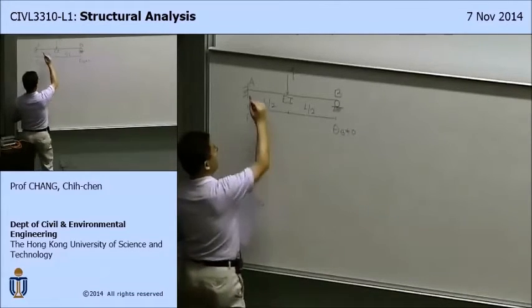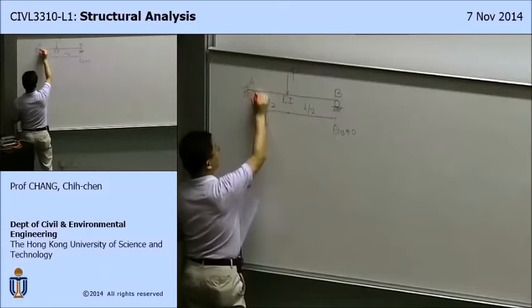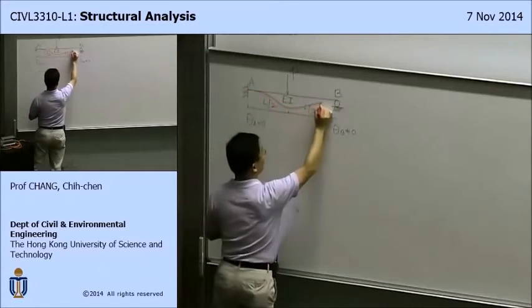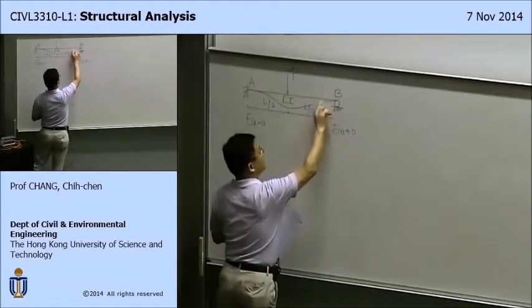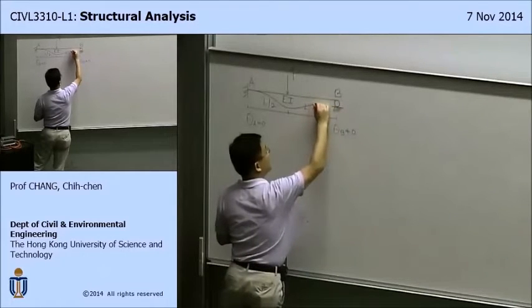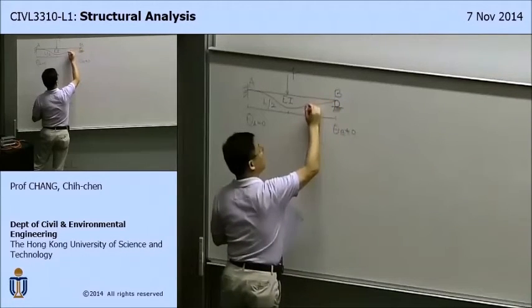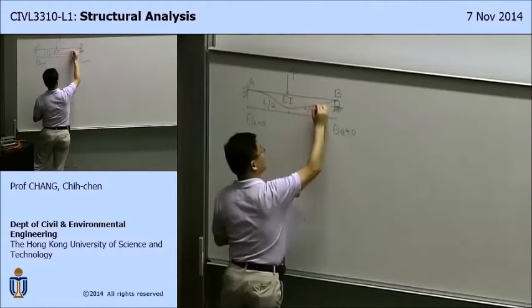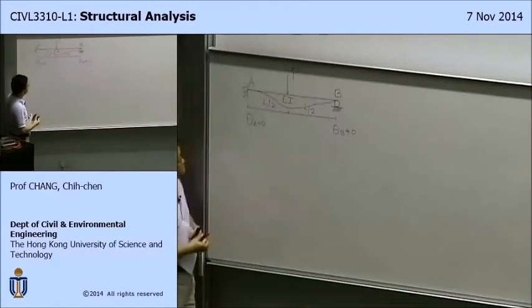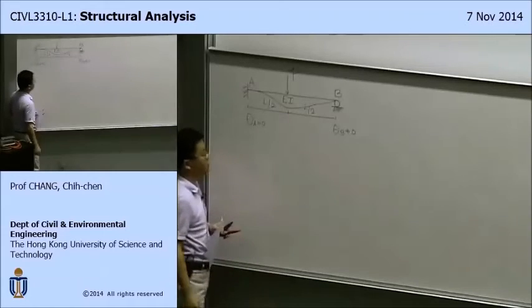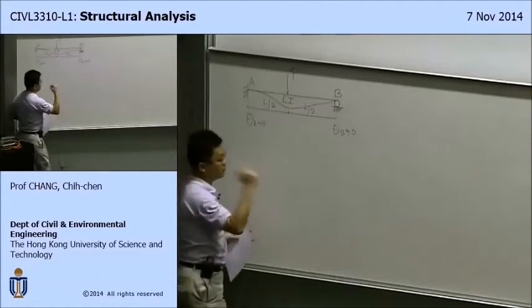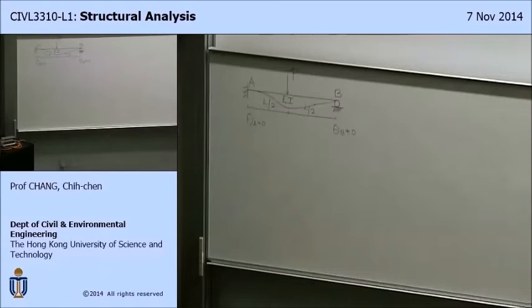So you can imagine the deflection goes like this. It's not a very good illustration. Okay, so that's the deflection. Theta A equal to 0, theta B not equal to 0. How about the rigid body rotation angle? So what is a rigid body rotation angle?